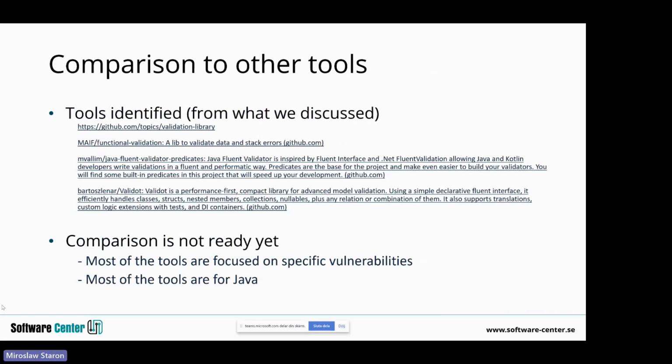Then we are also working on comparing to other tools. We tried to do that. We found a lot of tools that you can just connect to your GitHub repository and apparently validate your code. But quite often, these tools just don't work on that particular repository, or don't work unless the code compiles, or some libraries are missing and things like that.